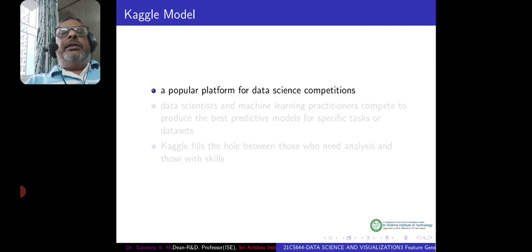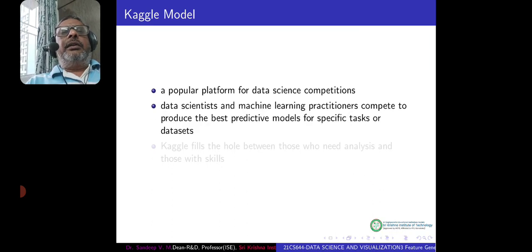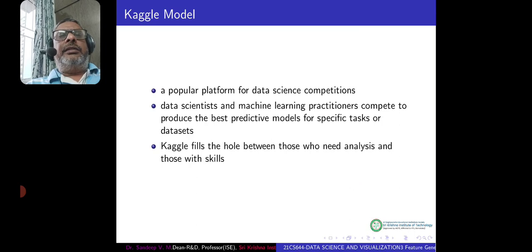Now let's look at what the Kaggle model is. It's a popular platform for data science competitions. Data scientists and machine learning practitioners compete to produce the best predictive models for specific tasks or data sets. Kaggle fills the gap between those who need analysis and those with skills.